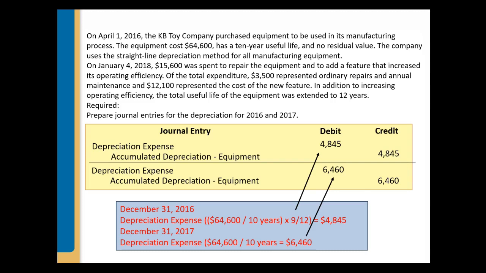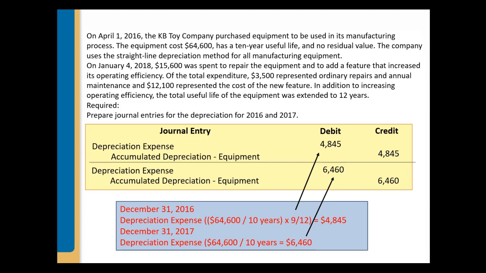So in 2016, we have the $64,600 divided by a 10-year life. But since this asset was purchased in April, we only have 9 months during the year. So 9/12 would be $4,845.